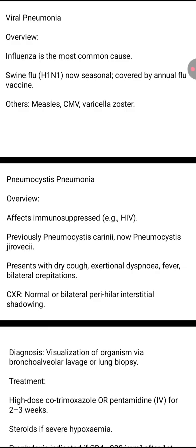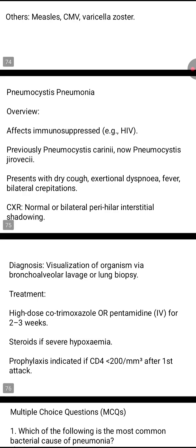Chest X-ray will show normal or bilateral perihilar interstitial shadowing. Diagnosis is visualization of the organism via bronchoalveolar lavage or lung biopsy. Treatment is high-dose cotrimoxazole or intravenous pentamidine for 2 to 3 weeks. Steroids if severe hypoxemia. Prophylaxis is indicated if CD4 is less than 200 per cubic millimeter after the first attack.